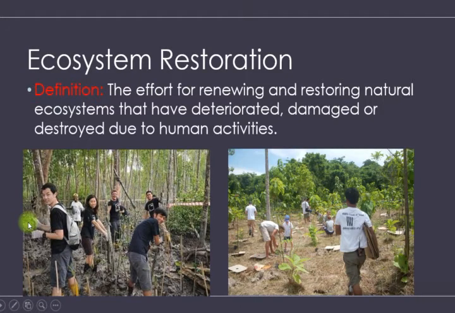Okay, the third term, ecosystem restoration, or the restoration of ecosystem. What is the definition of the term? It refers to the effort for renewing and restoring natural ecosystems that have deteriorated, been damaged, or destroyed due to human activities.